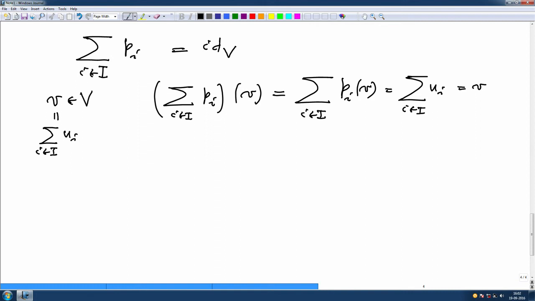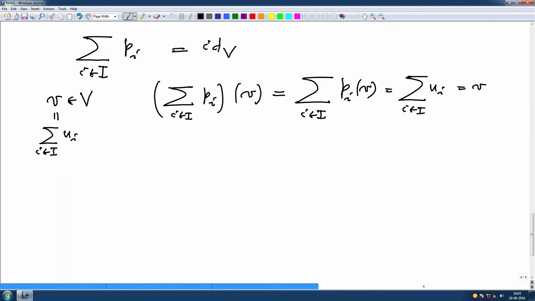Therefore, this makes sense. So, from the direct sum decomposition, we got the family of projections with these properties. It is a summable family, their sum is the identity operator, and Pi times Pj is 0 where i is different from j. So, these are also called an orthogonal family.